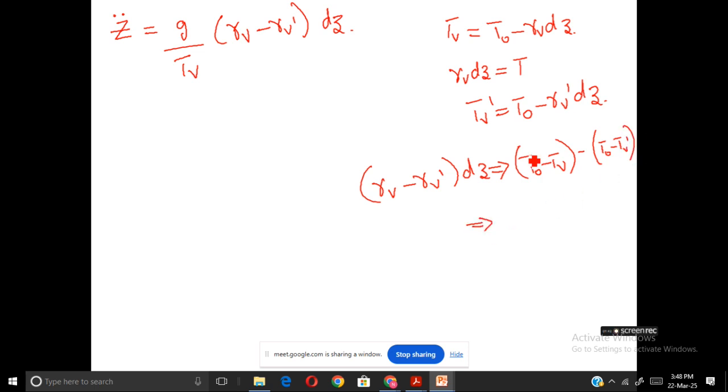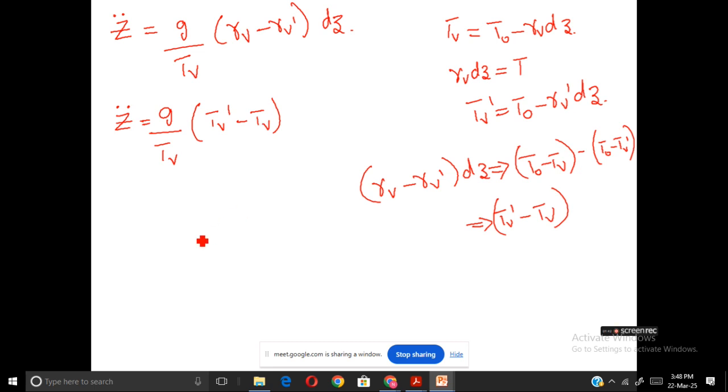So T0 and T0 will go, Tv dash minus Tv. So in terms of temperature, Z double dot, or vertical acceleration of the parcel, is given by g by Tv into (Tv dash minus Tv). This is the virtual temperature of the parcel minus virtual temperature of the environment divided by the virtual temperature of the environment. That is the vertical acceleration.